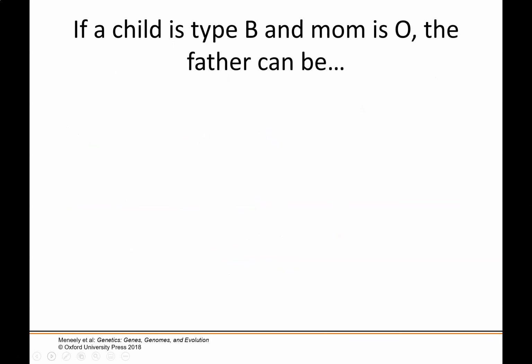So let's look at one more. This is sort of the opposite. If the child is type B and mom is O, what could the father be? What blood types could be the father? So the child could be homozygous or heterozygous.